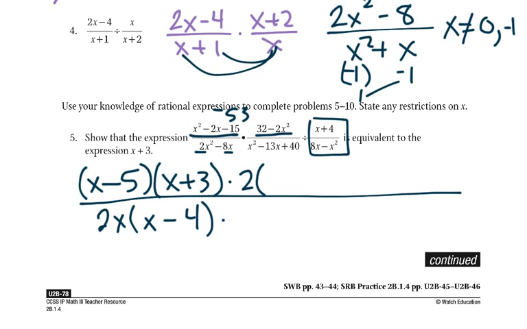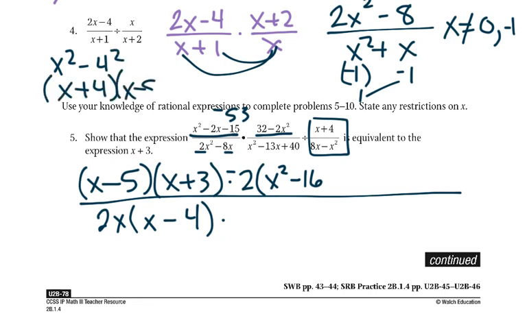actually let's pull out a negative 2, so we'd be left with x squared minus 16, which, 16 is 4 squared, that's a difference of squares, so that's x plus 4 times x minus 4. So we'll want to simplify that one further.